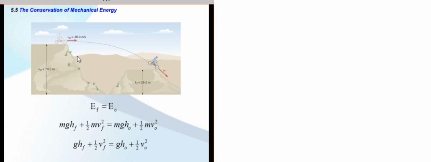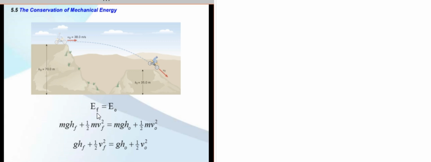Okay? Therefore, from the highest position to the lowest position, the total mechanical energy should be conserved. So the energy final at this point must be equal to the energy on the initial position.